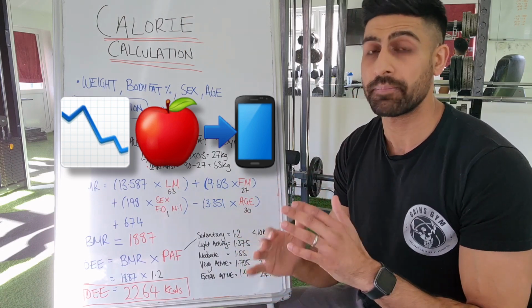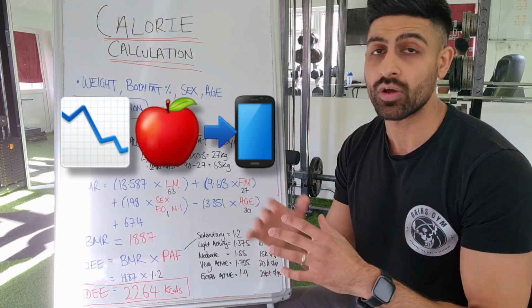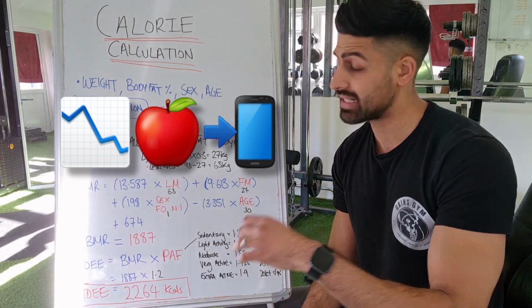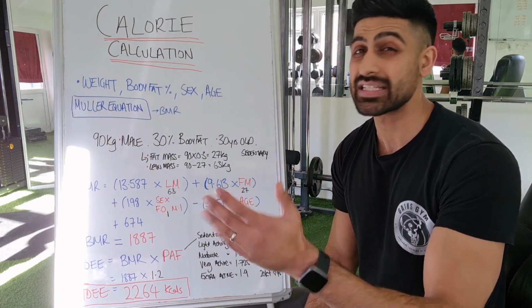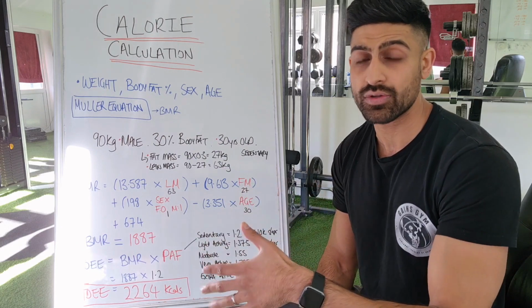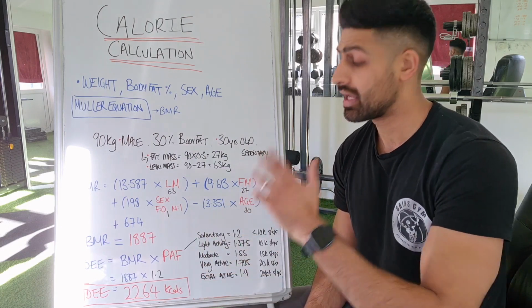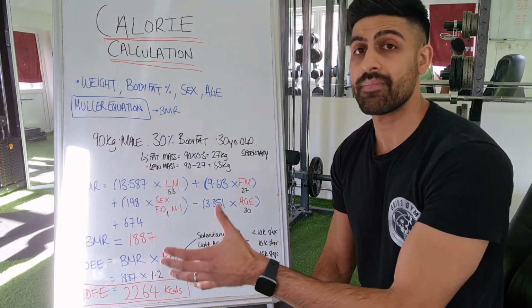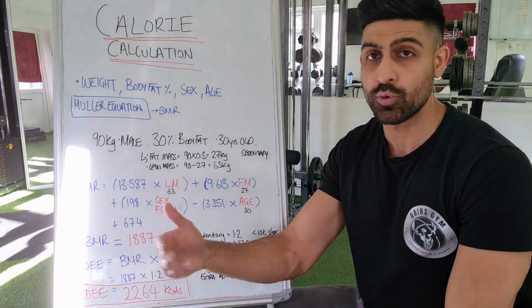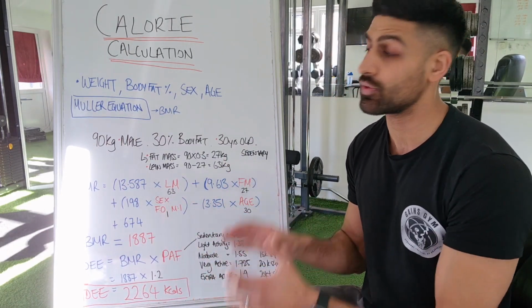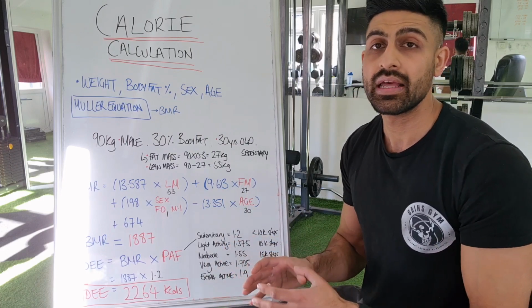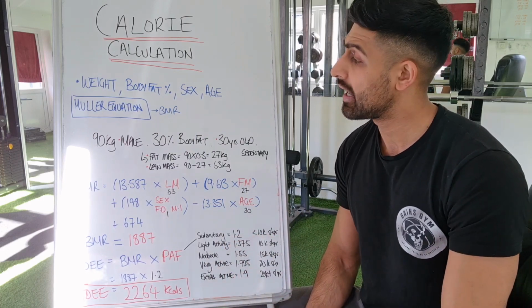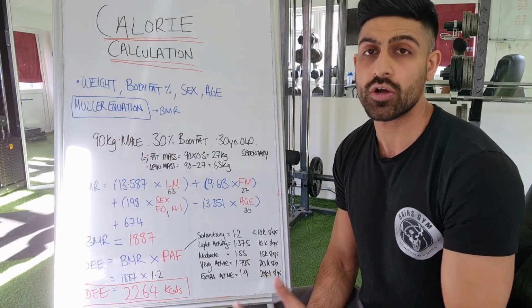That's going to be the big determinant of whether it's working or not. If you do your calories and your weight is not going down and your goal is fat loss, then you're going to need to adjust the calories and go a little bit lower. These adjustments are quite important because this is just a calculation. It's not going to be 100% accurate for everyone, but it's a very good starting point.